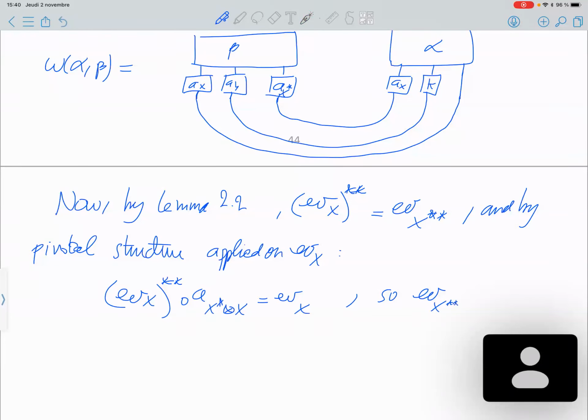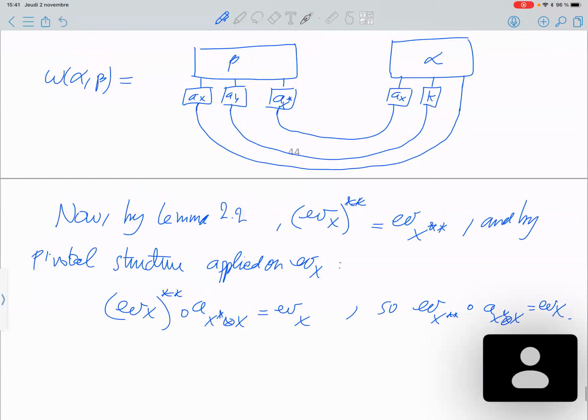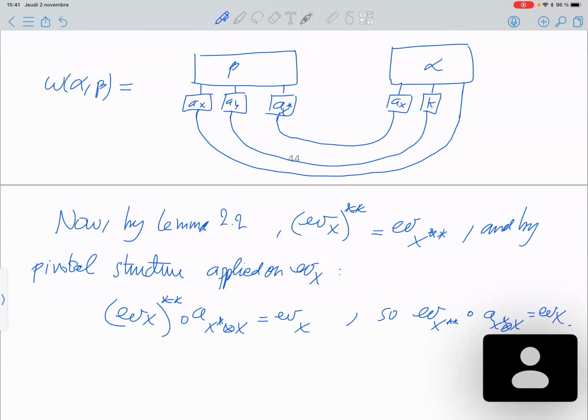So we replace this by this, and we move nothing. So it's just like that: AX tensor AX equal evaluation of X. So we have that, and that may correspond to something here.